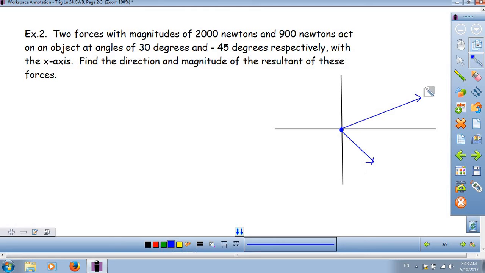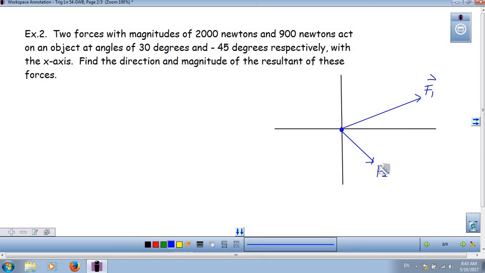Alright, we have two forces. This is force 1, this is force 2. So force 1 has a magnitude of 2,000. This angle is 30 degrees with respect to the positive x-axis, and this angle is negative 45 with respect to the x-axis.